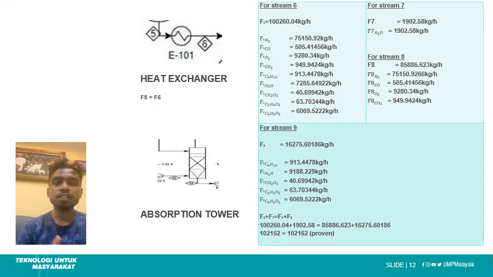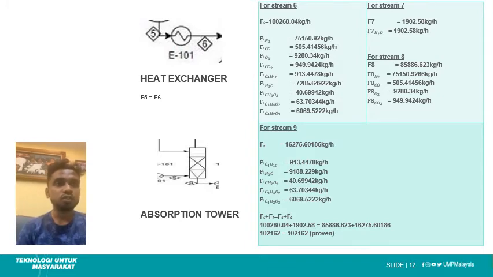Same goes to the absorption tower. For stream 6, flow rate 6 is calculated by applying the principle of conservation of mass, which is 100,260.04 kilogram per hour, and by that we can also calculate the flow rates of nitrogen, carbon monoxide, oxygen, carbon dioxide, butane, hydrogen, maleic anhydride, formic acid, and also acrylic acid.